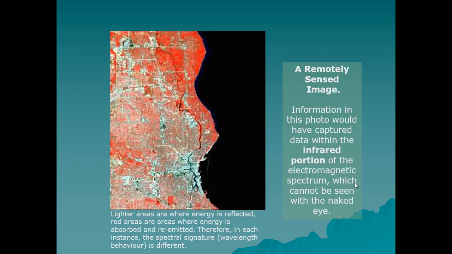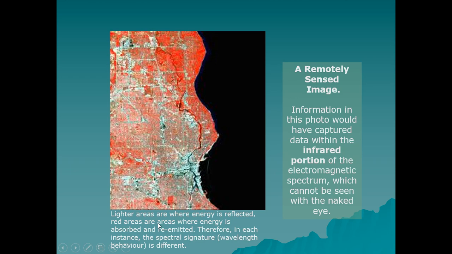This is another example of a satellite image here. Again, this is coastal, and this is an example of an infrared portion of the electromagnetic spectrum. Here we have a little description as to what we're seeing going on here. Lighter areas are where energy is reflected.